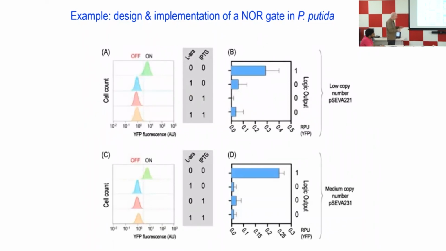Well, when you implement this segment of DNA, because you have it synthesized, you send it to a company to synthesize it and put it in one of the SEVA plasmids and put it in P. putida, then you have the logic, more or less, but you have to be careful with this context variability, because if you implement the same segment in a low copy number plasmid, then you get the logic, but the logic is not perfect. However, if you implement that in a medium copy number plasmid, then you see that the logic is much better.